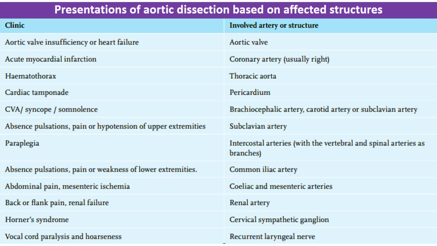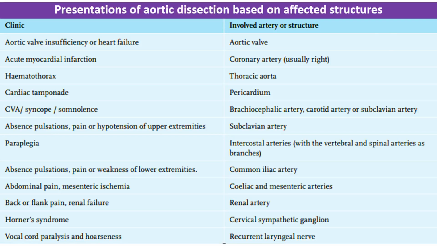Dynamic malperfusion is the most common and results from the overpressurized false lumen pushing the septum toward the true lumen, leading to collapse of the true lumen and obstruction of branch vessels. Static malperfusion results from stenosis or occlusion of a branch artery caused by the dissection flap, hematoma, embolism, or thrombosis.